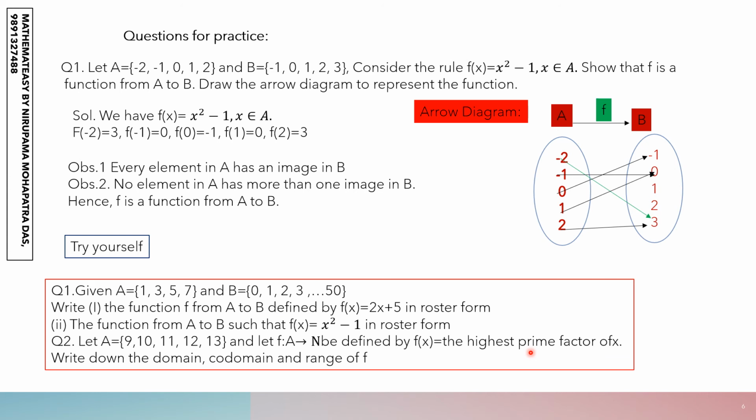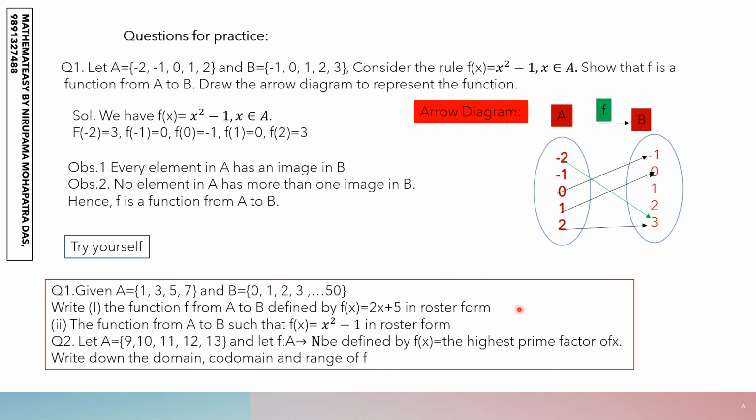So here there are some questions for you. We are given this B set. Write the function from A to B defined by f(x) equal to 2x plus 5 in roster form. Here we are already given it is a function. So you can start with f(1), f(3), f(5), f(7).